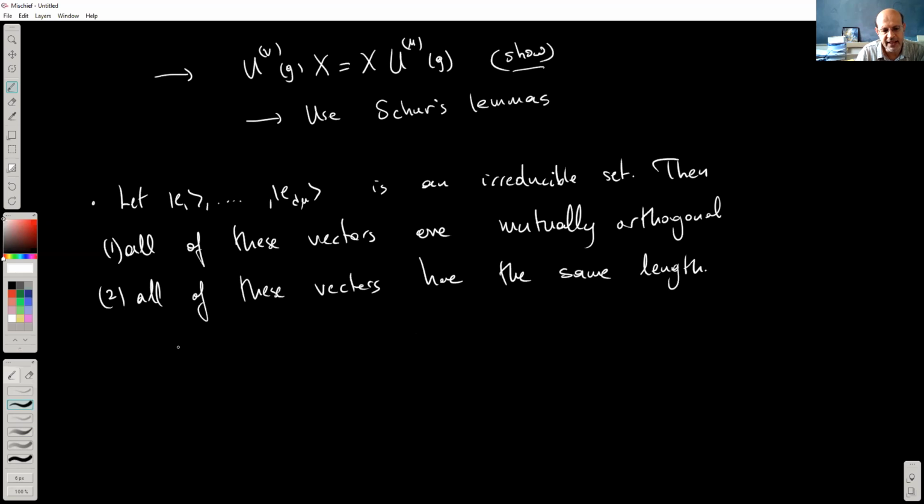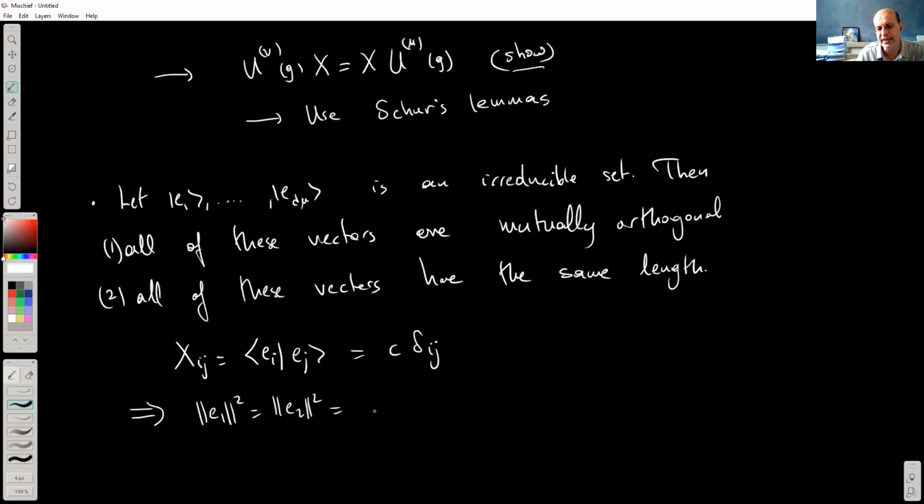The reason is that I can define this xij as ei dot product with ej. Because of the previous problem, this is c times delta ij. This then implies that, first of all, E1 squared is equal to E2 squared.